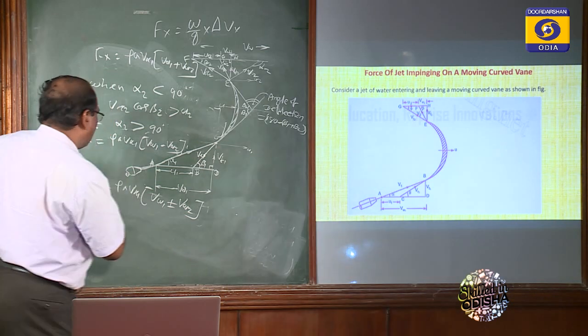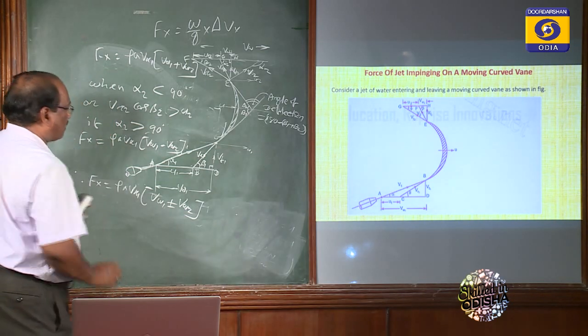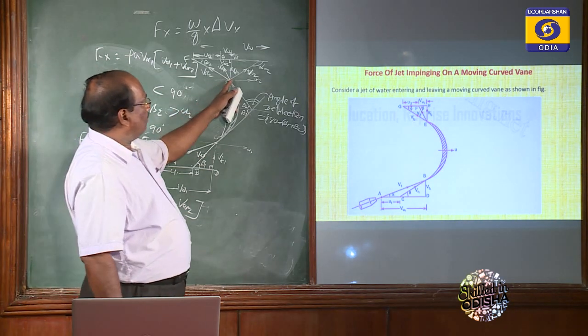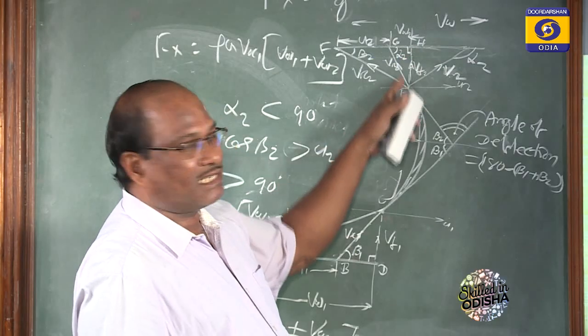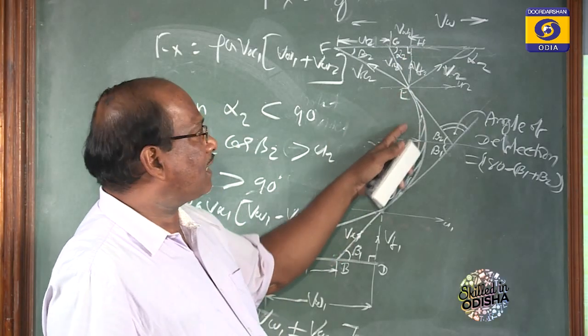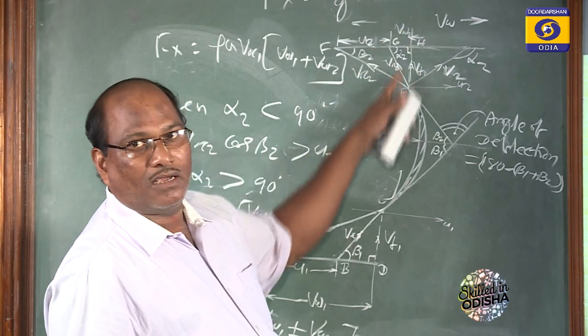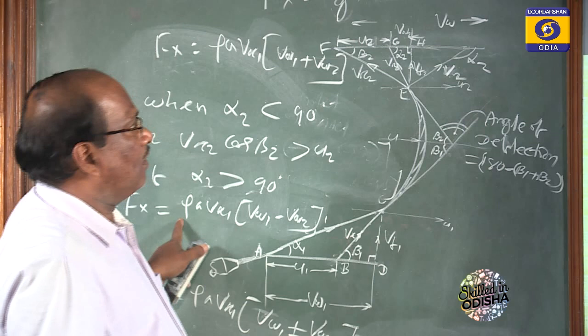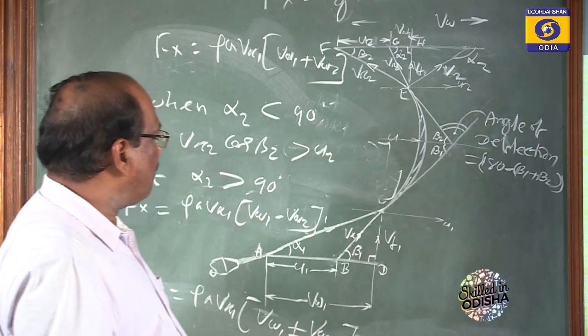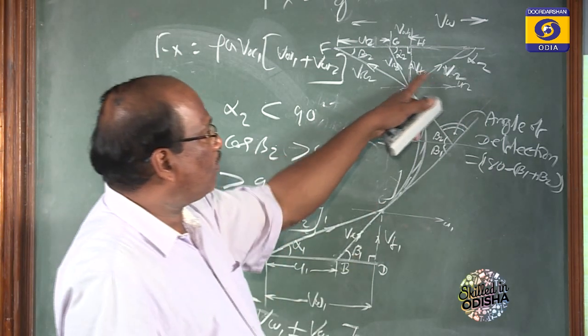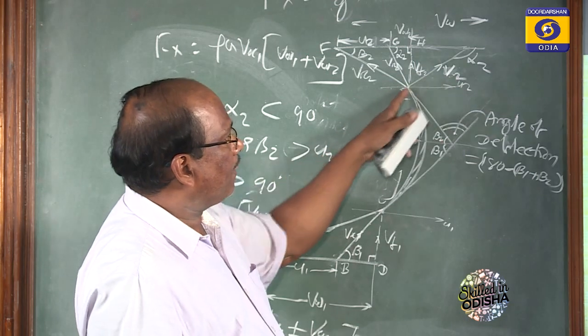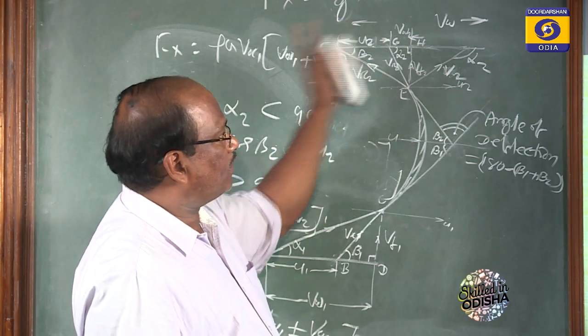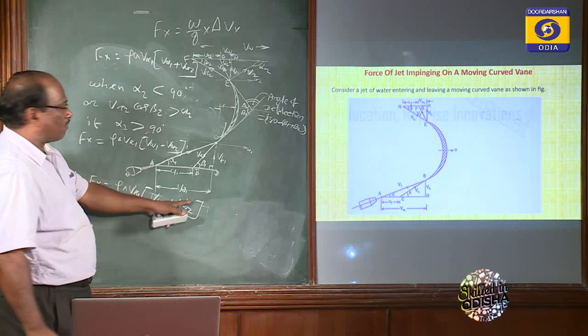Now the work done. Suppose alpha 2 is 90 degrees, that means the discharge of water is perpendicular, so the water leaves the vane at 90 degrees. In that case VW2 will be 0, since VF2 and V2 are at 90 degrees, so this component will be 0.